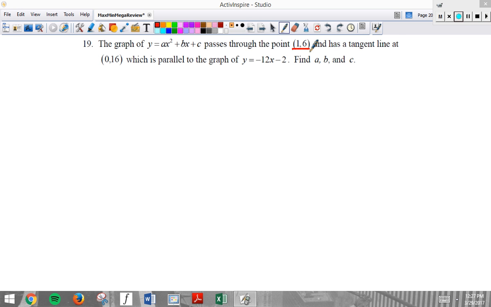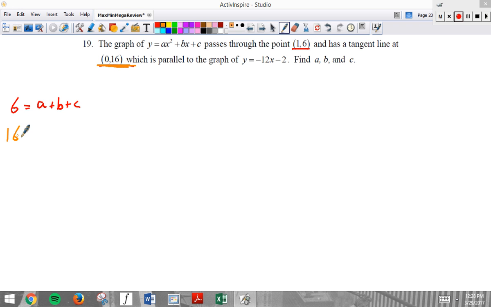I see a point, and I see another point. So that tells me, I'll use different colors but similar, just so we can color code the information best. So 6 is what I get when I plug in 1. Does that make sense? 1 goes with 6.